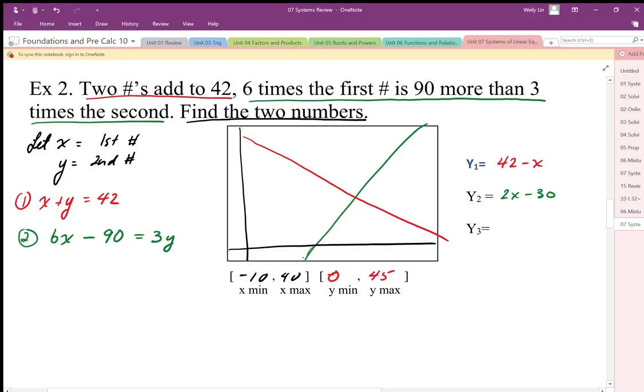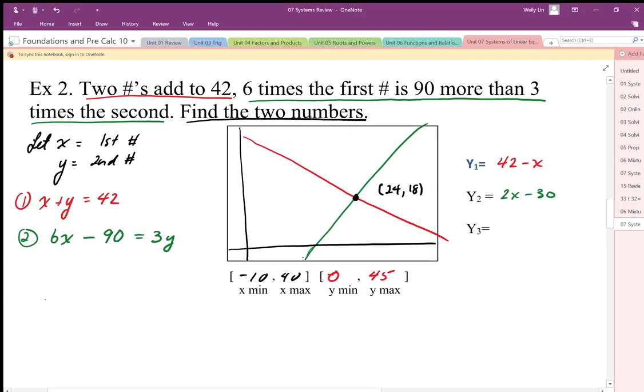Okay, so there's our window. These x min, x max just give me an indication of what I'm looking at on the window, and my intersection point that I'm going to find here is x is 24, y is 18.